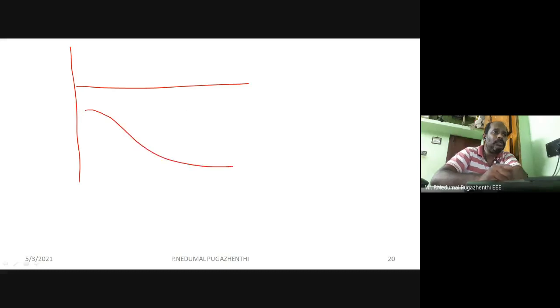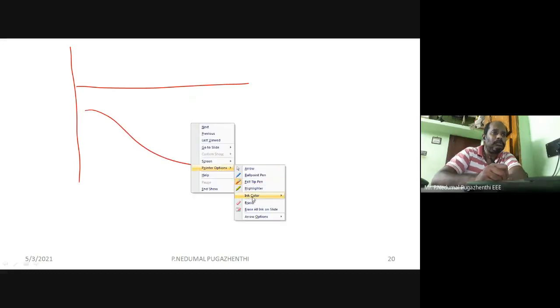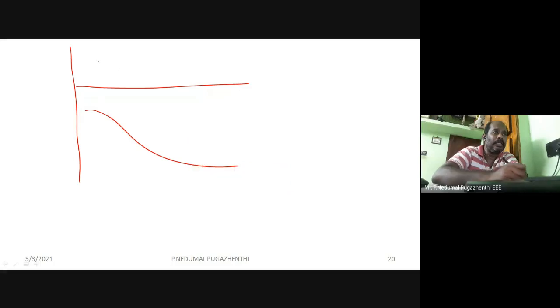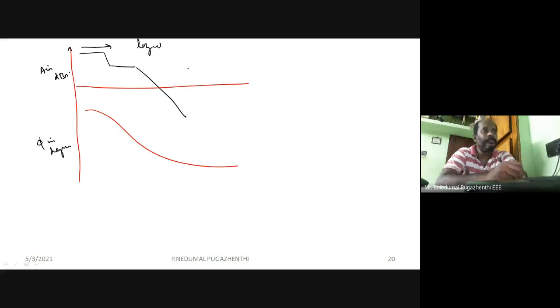Let us say this is your phase plot. Use a different color for the magnitude. This is your magnitude that is available in A in decibels and phi in degrees, and your x-axis is going to be log omega. For every omega value, you will have a point, and these are your corner frequencies.